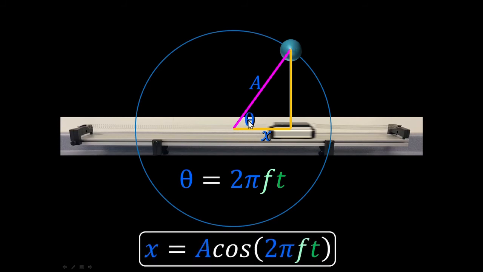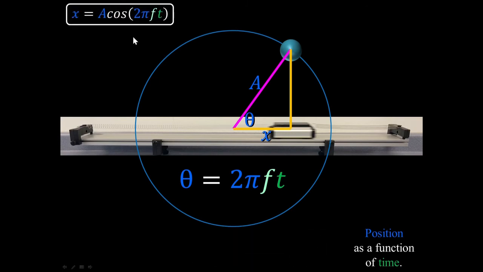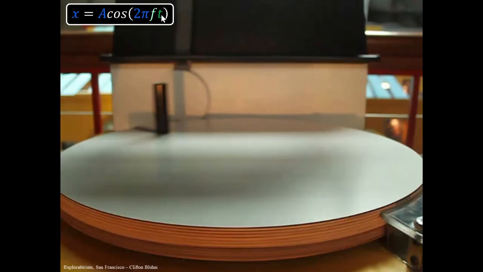Okay, hypotenuse times the cosine of that angle is its position. So the amplitude times the cosine of the angle will tell you the position. We have just found its position as a function of time. So we're going to tuck that one up here because we're going to keep track of these as we go.